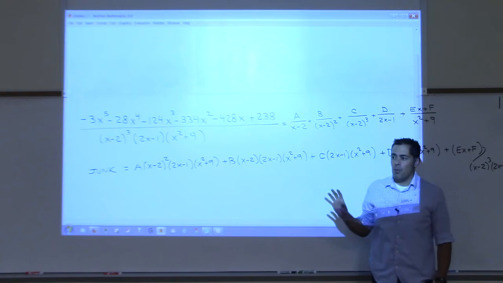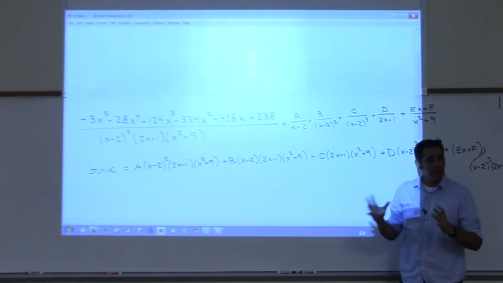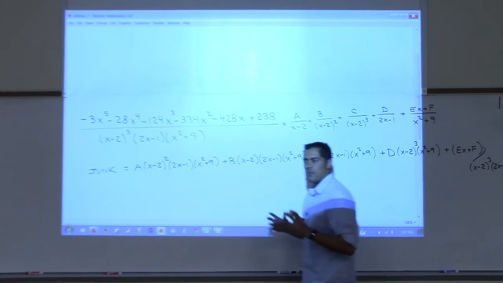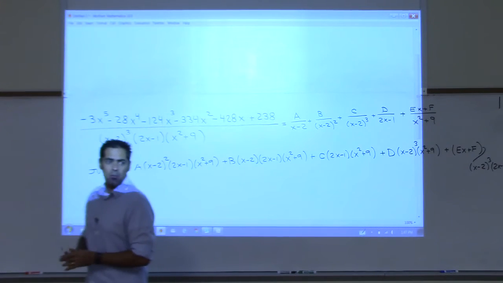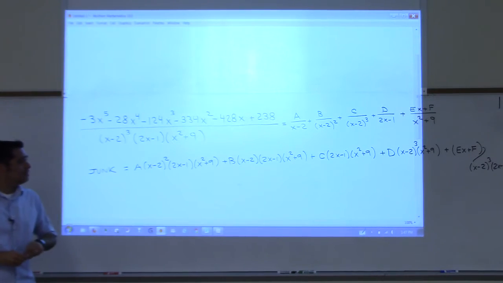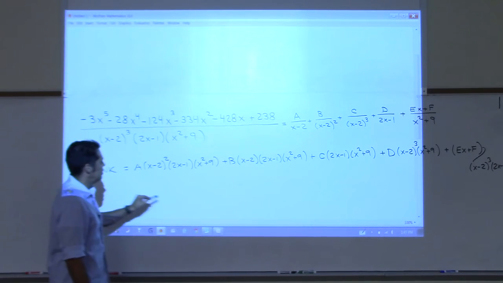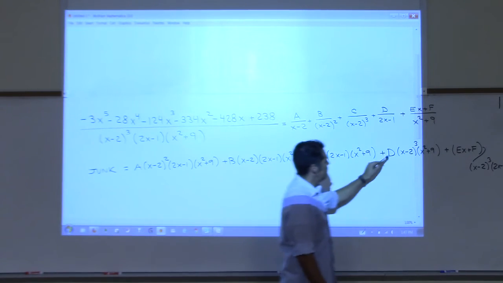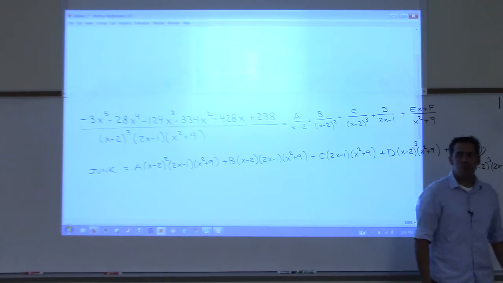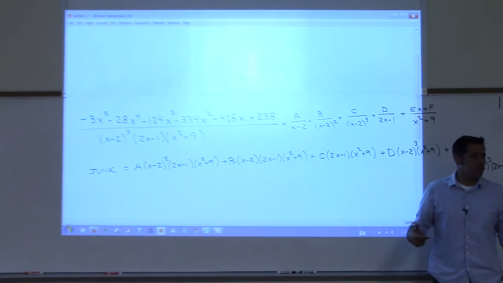What we're going to wind up with is we'll collect all of our like terms, and we will have a system of equations. How many equations would we have, and how many variables would we have? Well, how many letters are we going after? 1, 2, 3, 4, 5, 6. So you would have 6 equations and 6 unknowns.